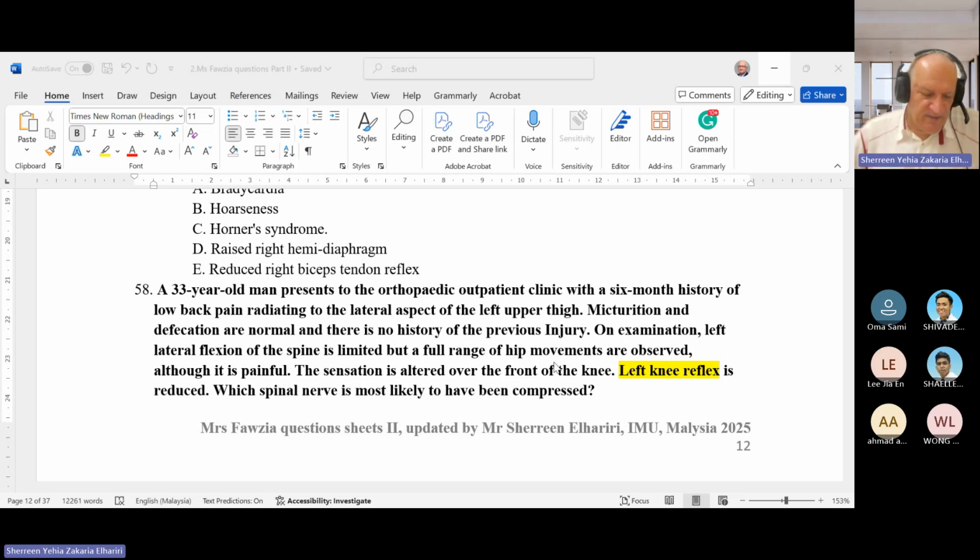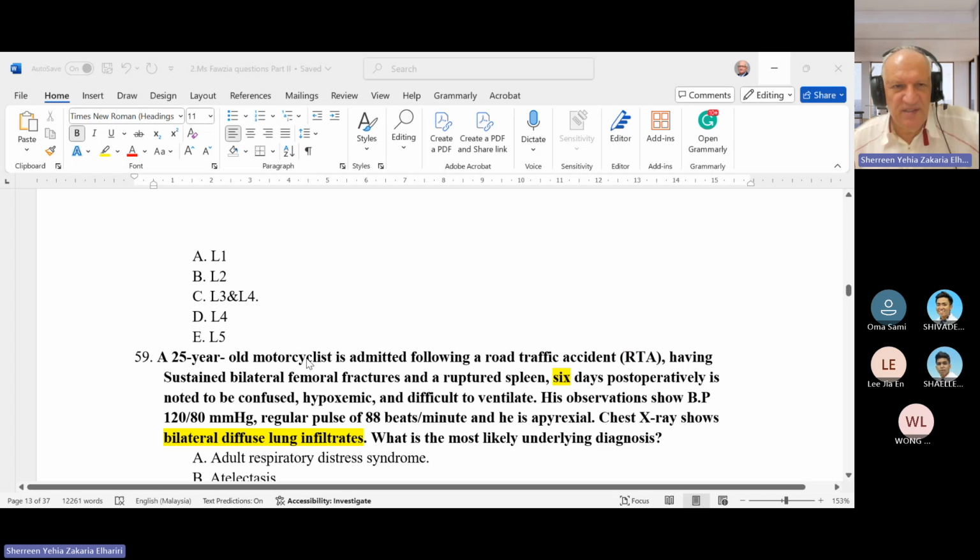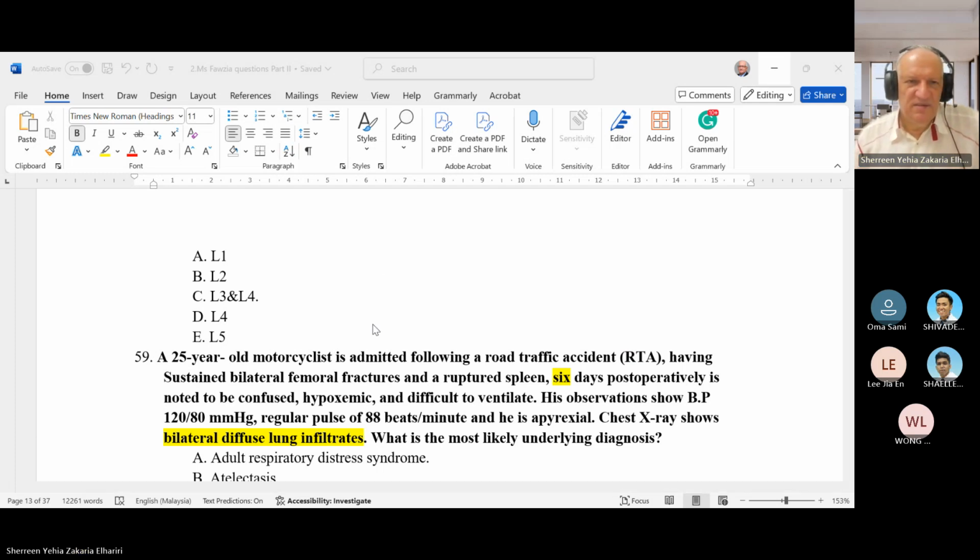S1, L5, S1 sometimes. So in this patient, there is loss of the left knee reflex and loss of sensation in the area in front of the knee. So which root can you suggest? It's L3, L4.